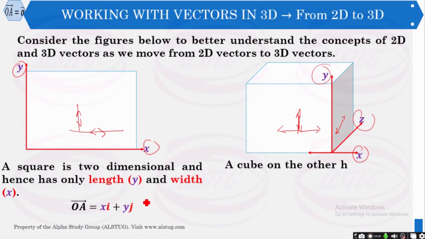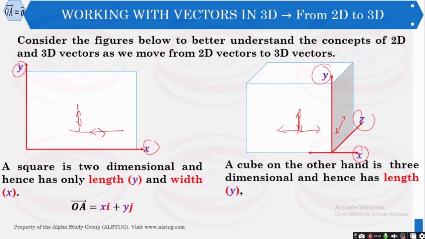And then a cube, on the other hand, is 3-dimensional and hence has length, the y, width, the x, and depth. So you have the length, width, and depth, which means there's something new that has been added to the system. We have an example of a vector in such a situation. We have the vector OA to be xi plus yj plus zk. So now we have the i, the j, and k.